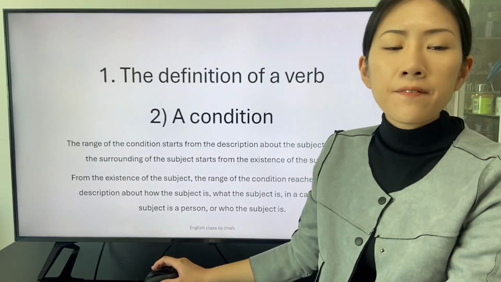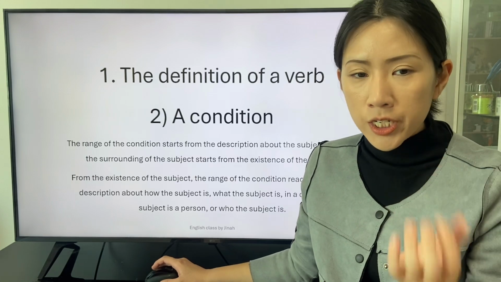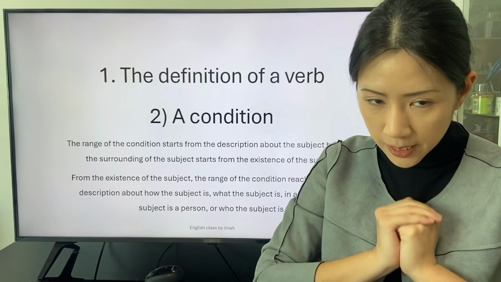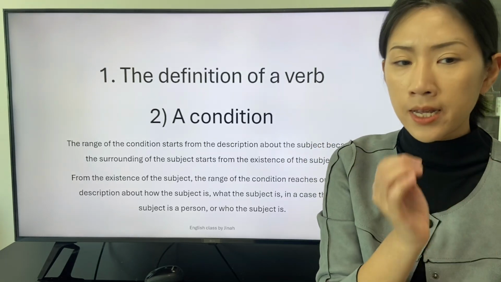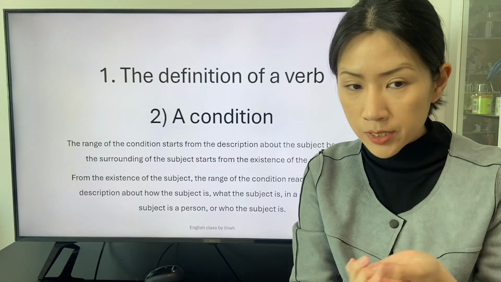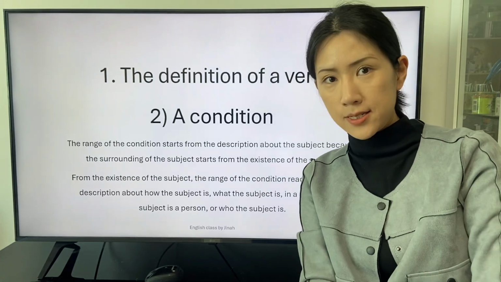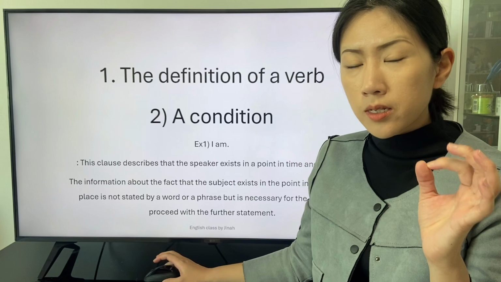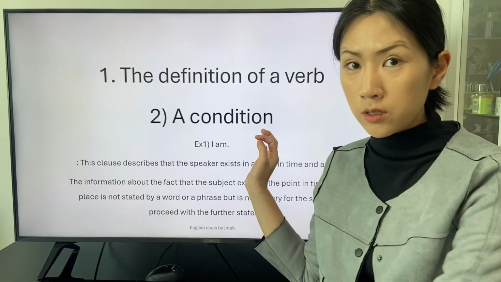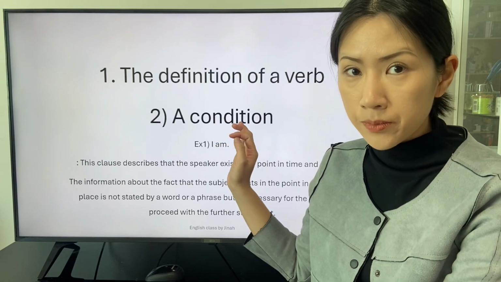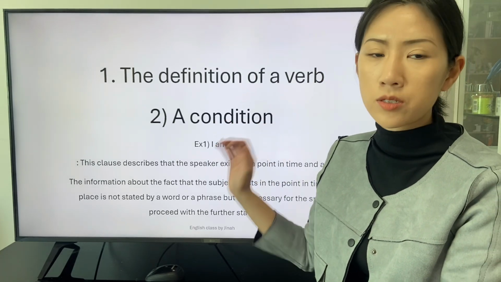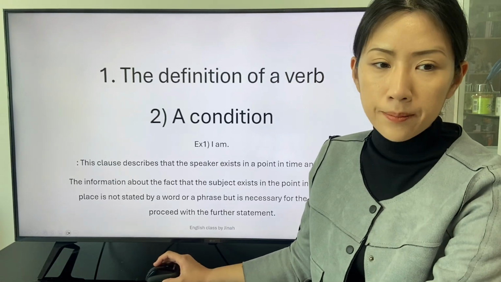From the existence of the subject, the range of the condition reaches out to the description about how the subject is, what the subject is, and, in a case that the subject is a person, who the subject is. The simplest clause to describe the condition of the subject is stated in the first exemplary clause, I am.